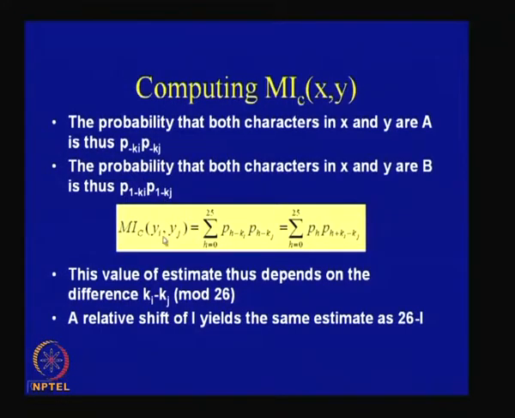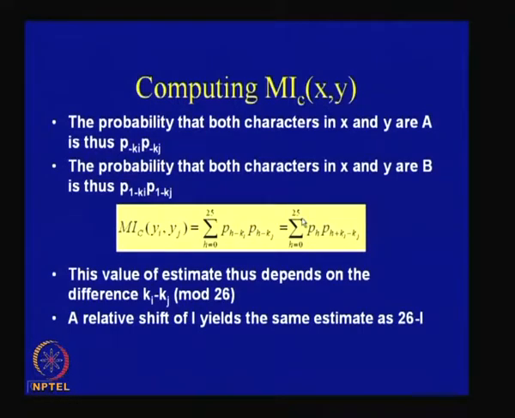Therefore the mutual index of coincidence of these two strings will be sigma Ph minus Ki multiplied by Ph minus Kj, where h varies from 0 to 25. With some change of variables, you will get sigma of Ph multiplied by Ph plus Ki minus Kj, from h equal to 0 to h equal to 25.